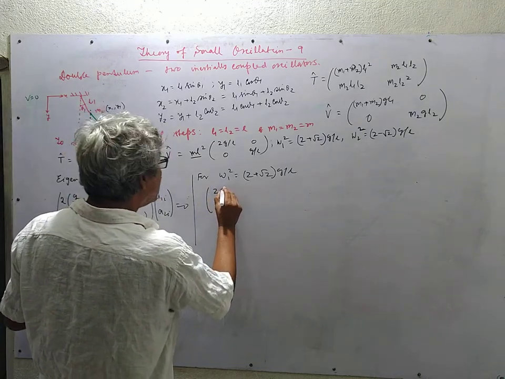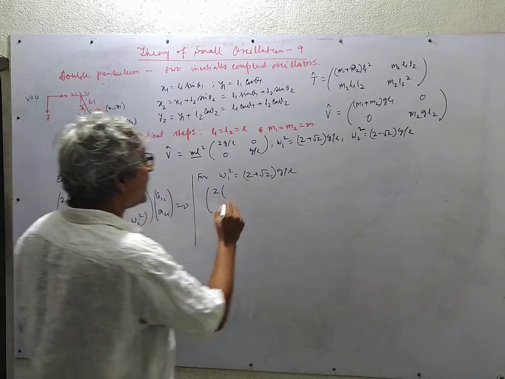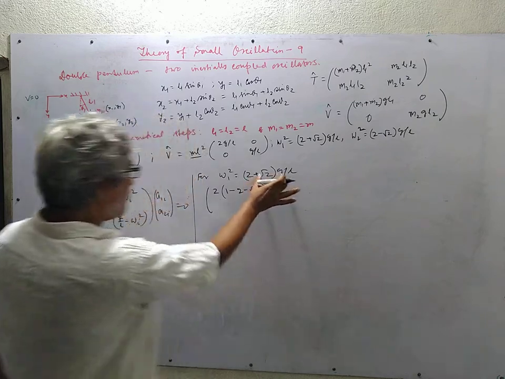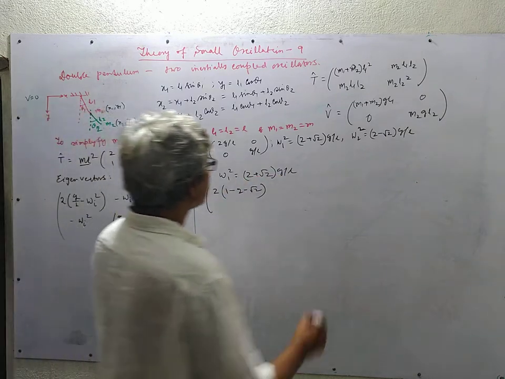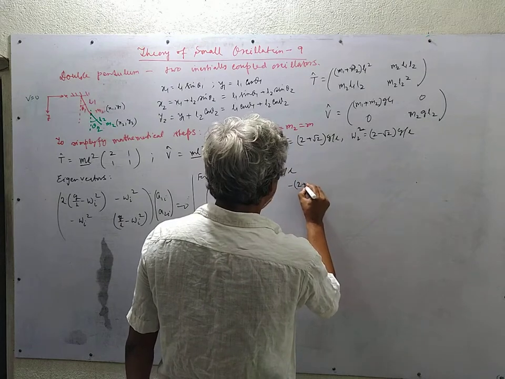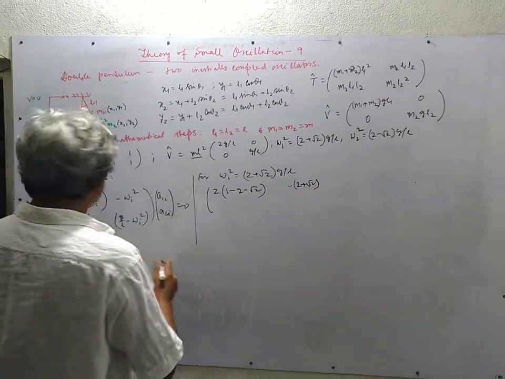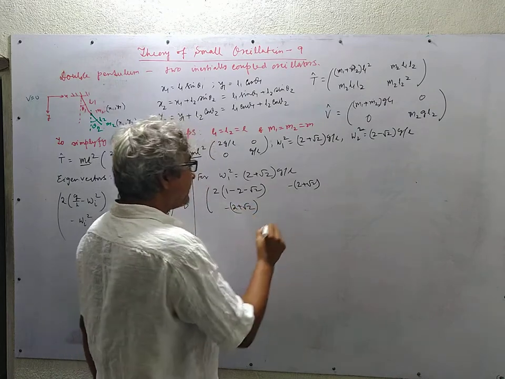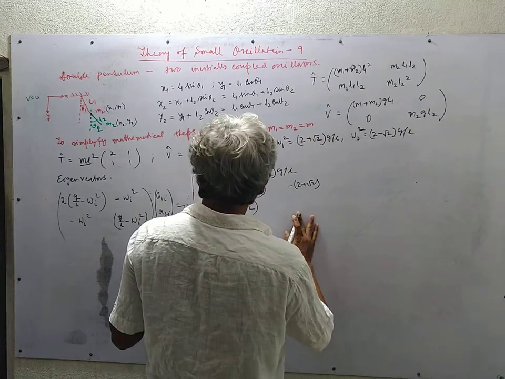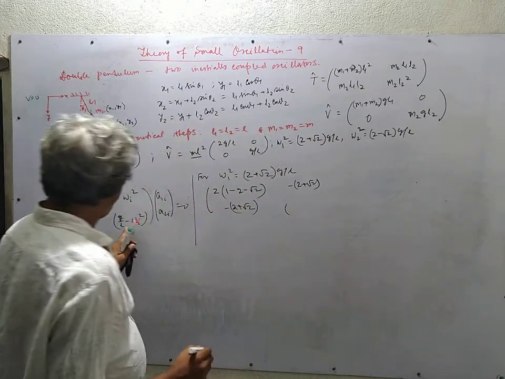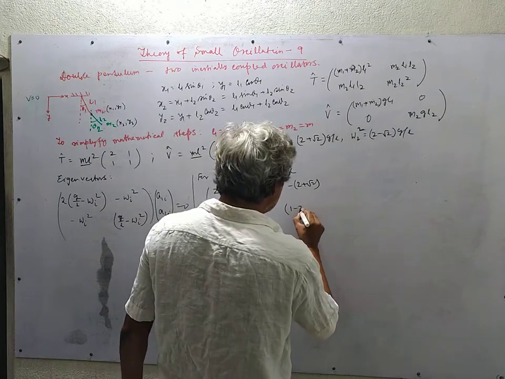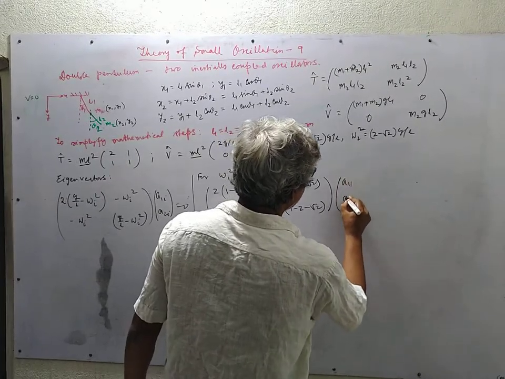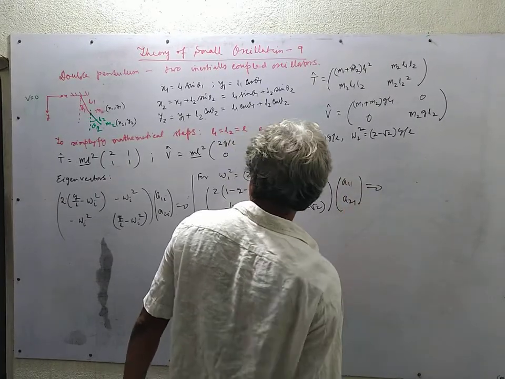So we have, in this case, 2 minus omega square, which is 2 minus (2 plus root 2), minus omega square, and this is 1 minus omega square, which is 1 minus (2 plus root 2), with a11, a21 is equal to 0.